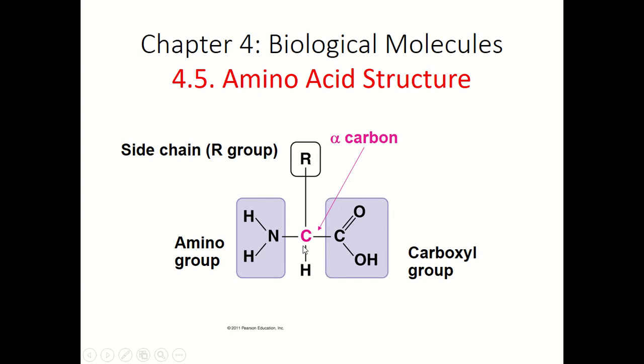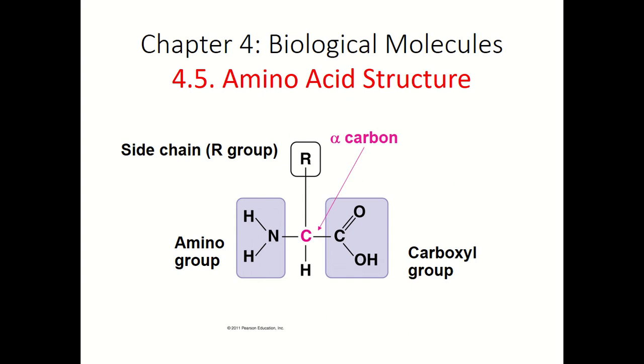As you can see here, we have a central carbon backbone, and here is the amino group, NH2, and on the other side we have the carboxyl group, COOH, and this one is referred to as the side chain, or known as the R group. So all amino acids consist of an amino group and also a carboxyl group.